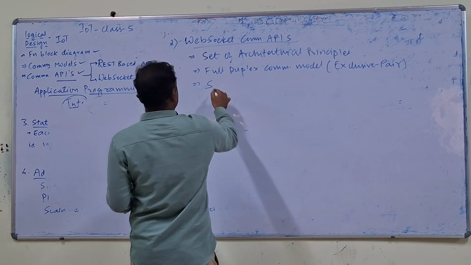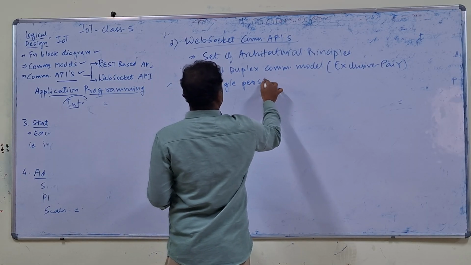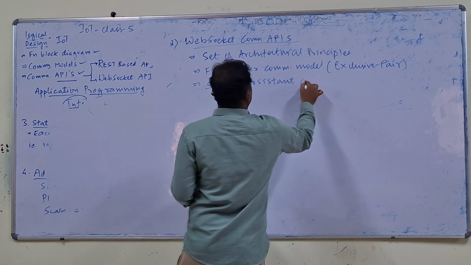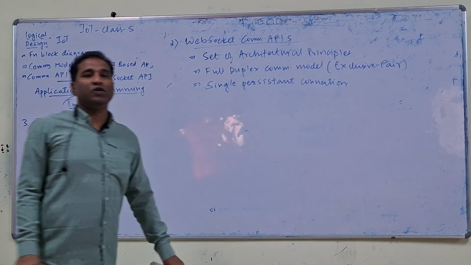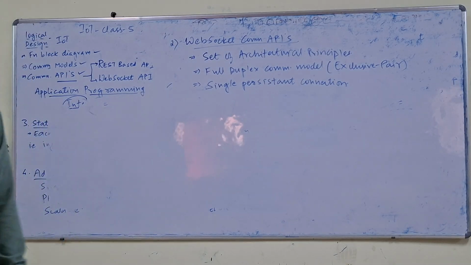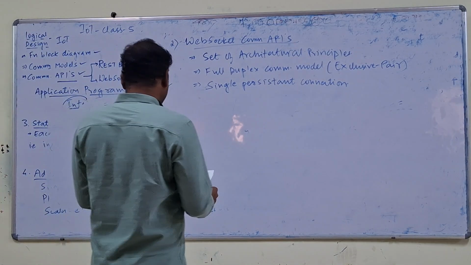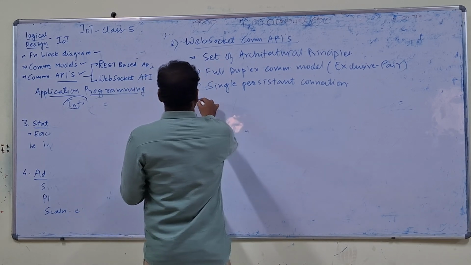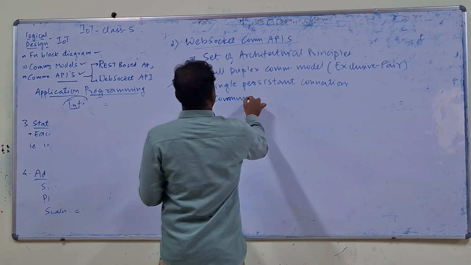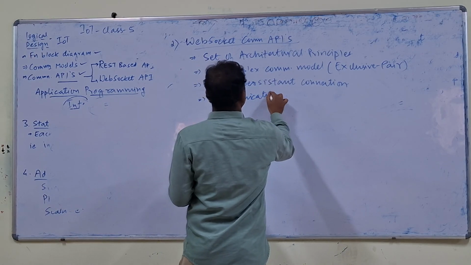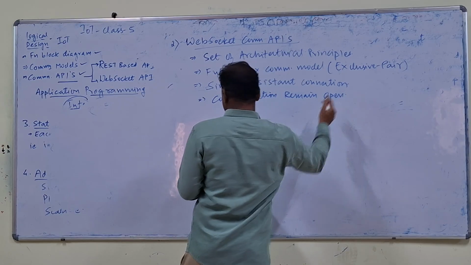What is the virtue of exclusive pair? A single, persistent connection. You have seen exclusive pair: persistent connection, continuous connection, full duplex. That's why it's called exclusive pair. Single, persistent, and the communication remains open.